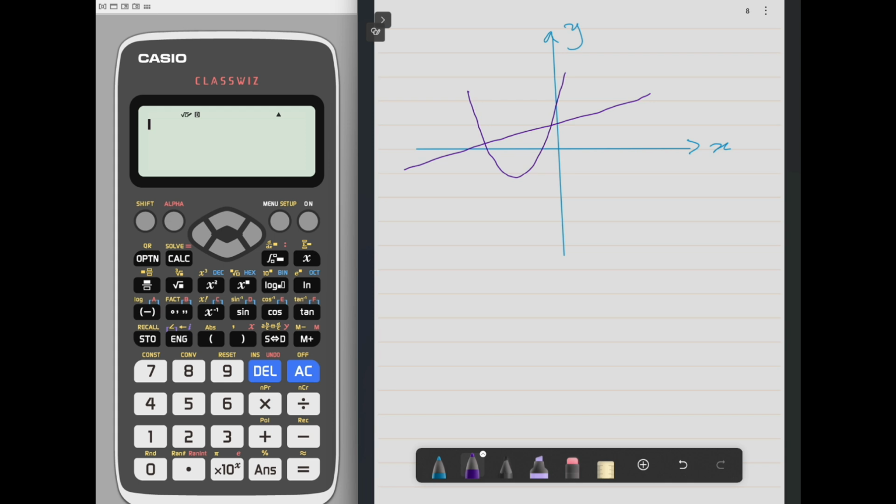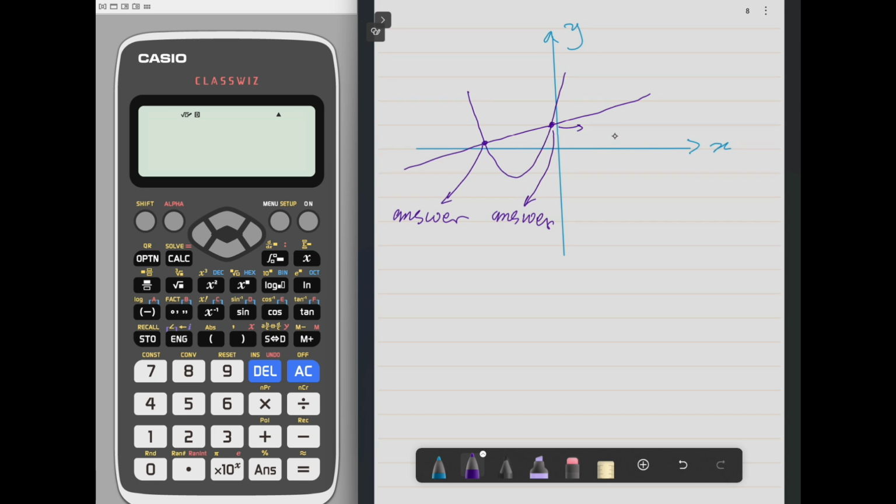Whatever question we were solving here was like this. It had two intersection points, which means your equation is going to have two pairs of answers.